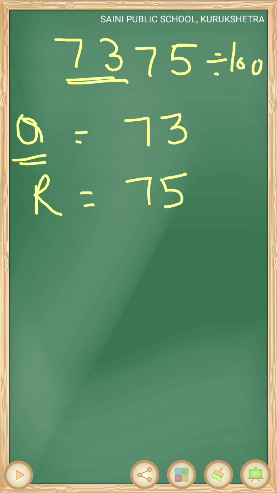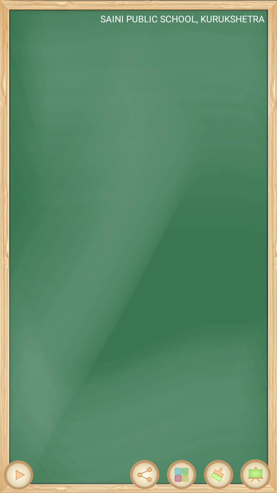So while dividing a number by 100, the quotient is obtained by removing the last two digits, that is the ones place and tens place, from the number, and these remaining tens and ones form the remainder. Now, division by 1000.